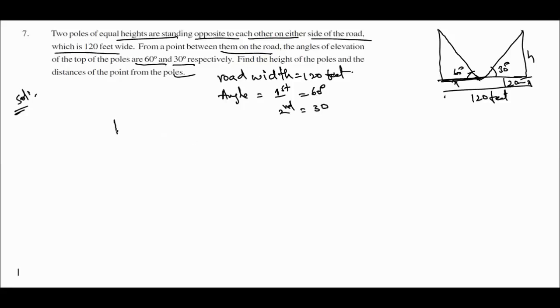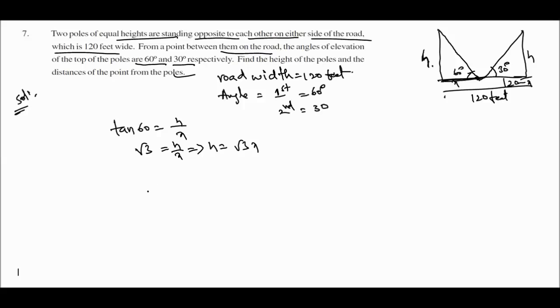From the figure, tan 60 is equal to opposite by adjacent, so h by x. Tan 60 is root 3, so root 3 is equal to h by x. So h is equal to root 3 x.